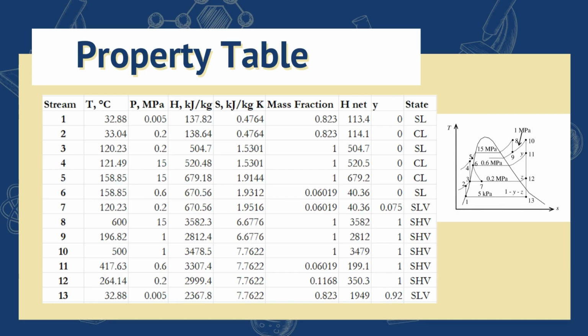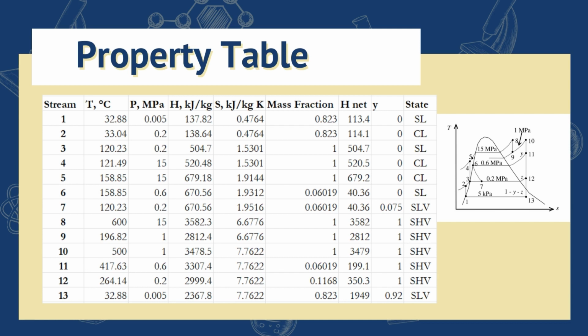We can summarize the properties that we have obtained from the previous slides in a table. So there we have the streams from 1 to 13, as well as the properties, which are the temperature, pressure, enthalpy, and entropy. We can also list down the mass fractions, which we have obtained from the material and energy balance.